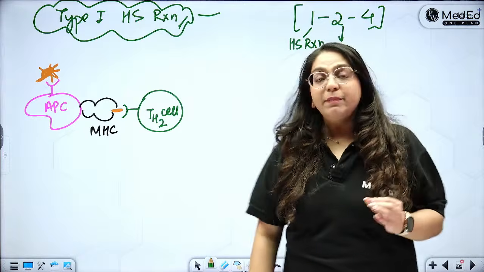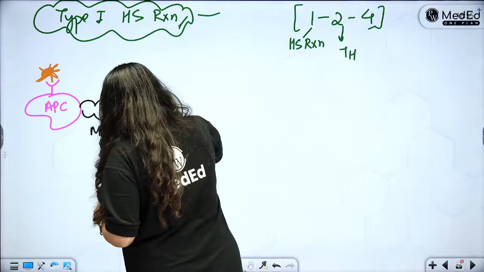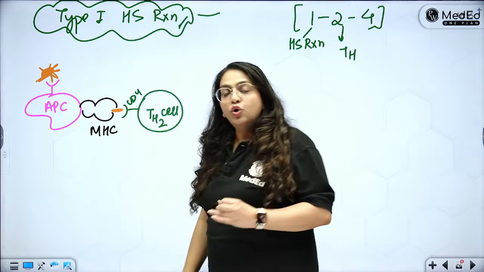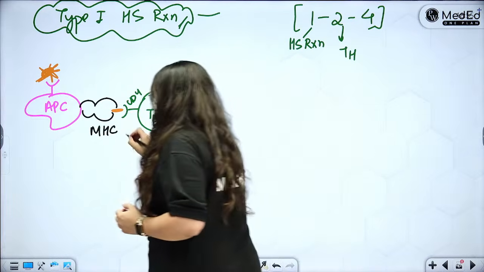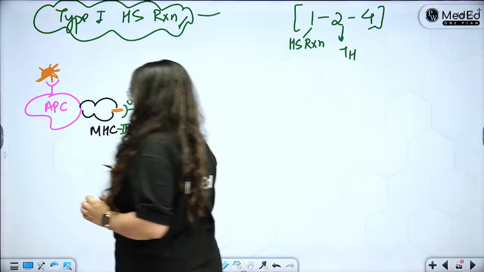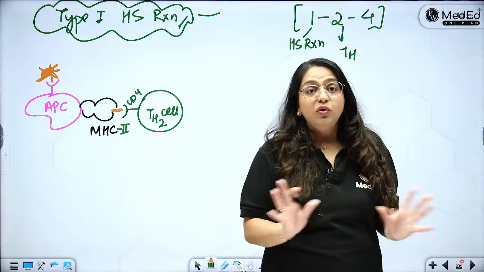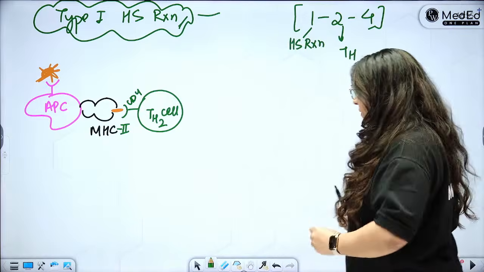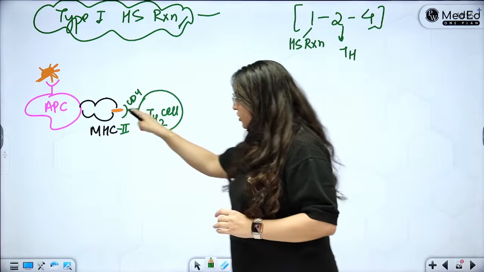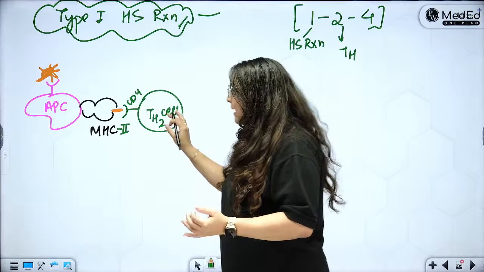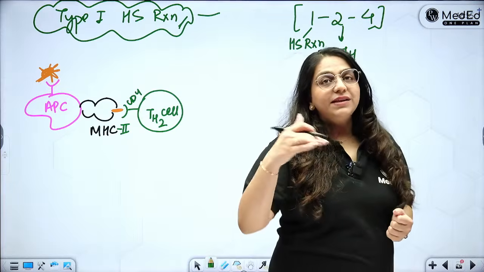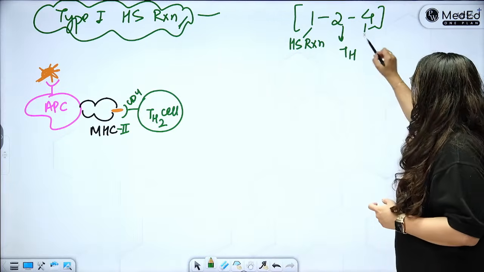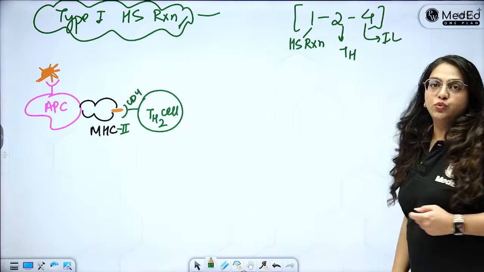T helper 2 has CD4, and 4 into 2 is 8, so it has to be MHC 2. So there is no scope for confusion anymore. Everything is interlinked. So the APC has come and presented the antigen, my allergen, to a T helper 2 cell. What will the T helper 2 release? 1 2 ka 4. It will release interleukin 4.